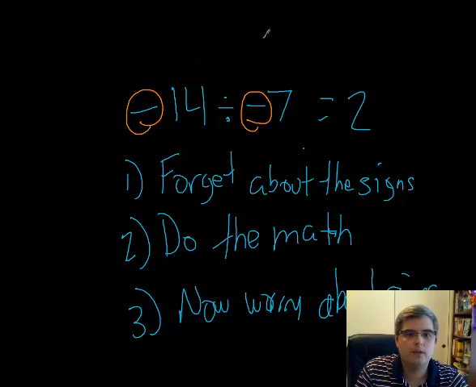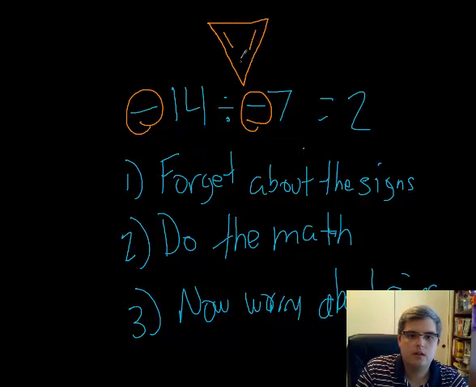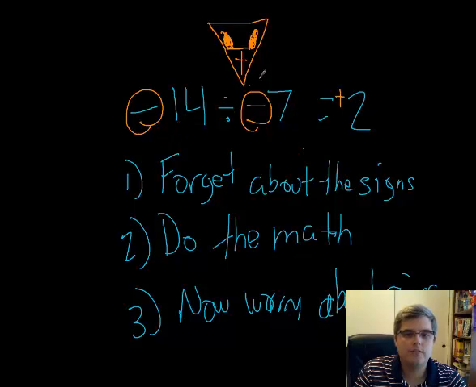If you remember from the last video, we used this nice little angry triangle guy. Mad triangle. You use it again here. If you see a sign, you scratch it out. If you see a sign, you scratch it out. And what you're left with is the sign of the answer. It's a positive 2. So a negative 14 divided by a negative 7 is a positive 2.